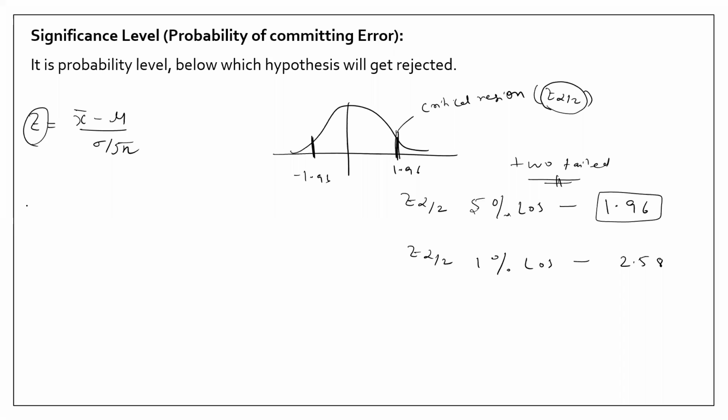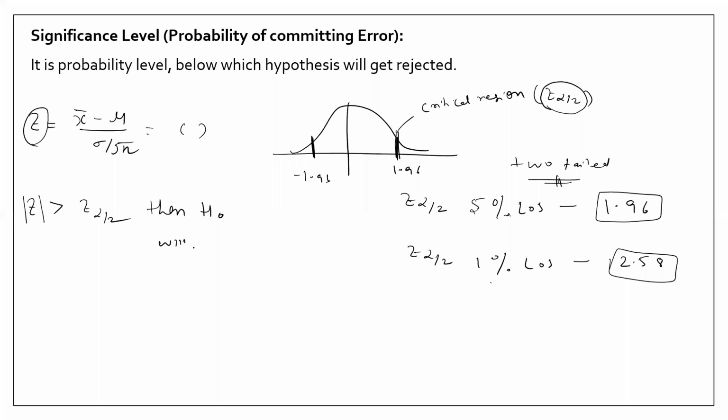If this Z value, whatever value we get here, becomes greater than Z alpha by 2, that is 1.96 for 5% or the value for 1%, whatever you may have, I can put mod here because this should be positive.